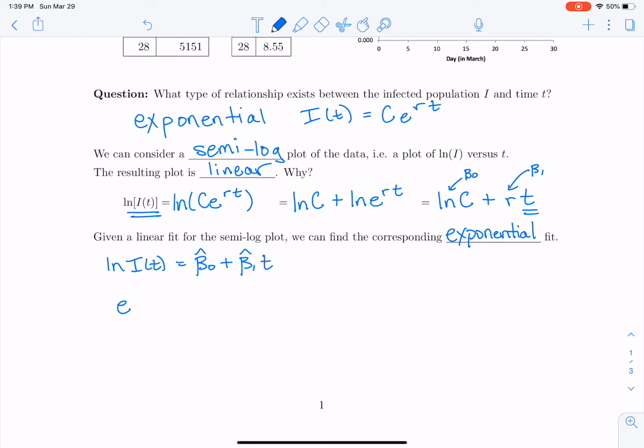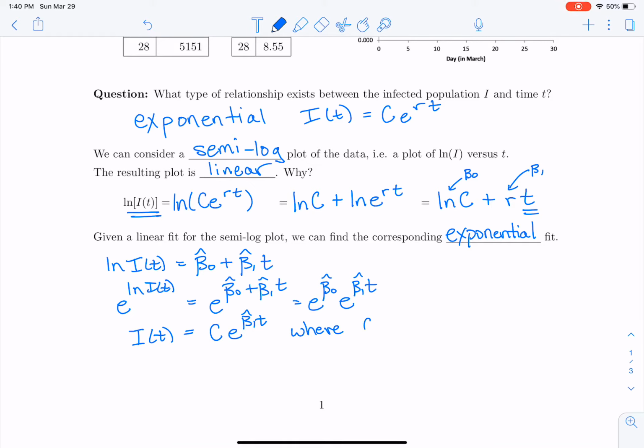So e to the natural log I of t is going to be e to the beta 0 plus beta 1 t, and we can write that as e to the beta 0 times e to the beta 1 t. That tells us that the number of infected people, I of t, is really a constant times e to the beta 1 hat t, where that constant is e to the beta 0 hat.